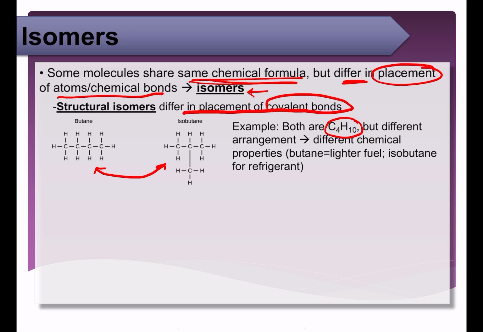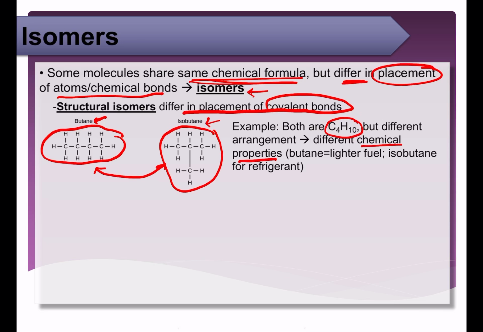They both have 4 carbons and 10 hydrogens, but when it is in the unbranched hydrocarbon chain format versus the branched hydrocarbon chain format, they're considered 2 different chemical molecules. One is called butane, one is called isobutane. And even though they have the same amount of C's and H's, they have very different chemical properties because of how differently they are shaped.